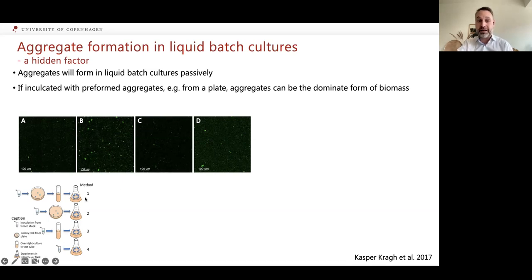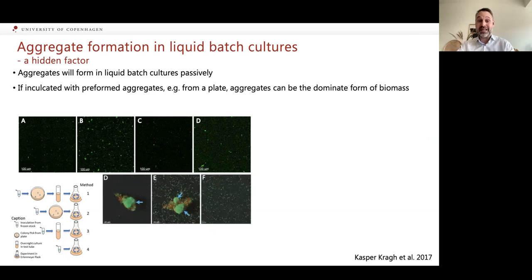And if you were a bit lazy and just took a plate colony and put it into a liquid batch culture, you could get a huge amount of the batch culture being in a biofilm state because you had these aggregates floating around. These were in the size of maybe 50 to 100 micrometers across, so you couldn't see them with the naked eye. You need a microscope to check this.